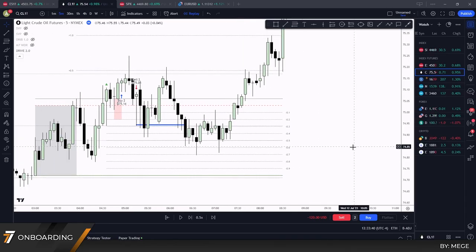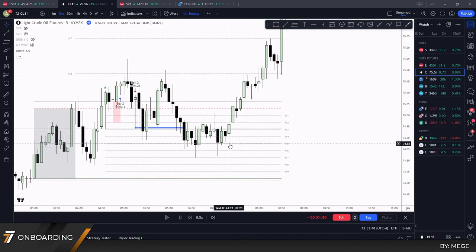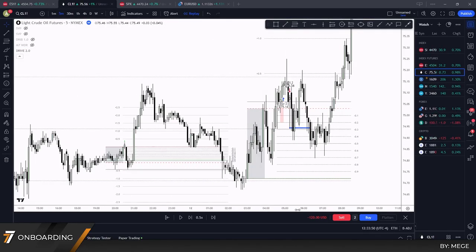Then it goes. Obviously, this was an important level, 0.5, you know it's important. Obviously, you need to look at the DR Lens data as well. Here you can see there was another DR line from the previous session and the open price from the previous session here.